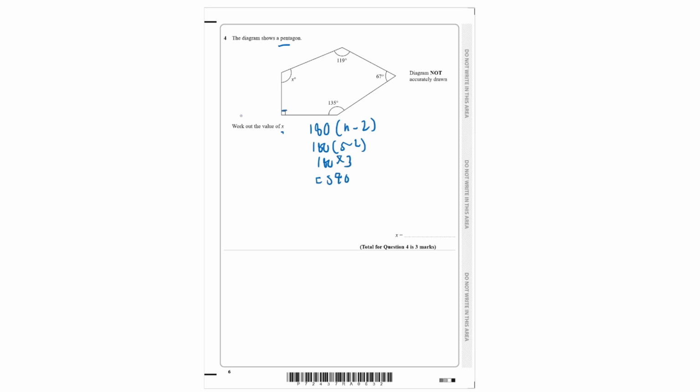Now, we know that this is 90 degrees because it's a 90-degree angle, and we can just input everything else. We know that 540 is made up of 90 plus 135 plus 119 plus 67 plus x.